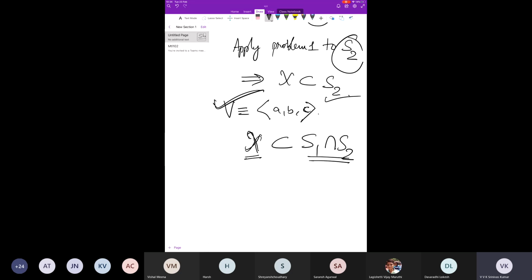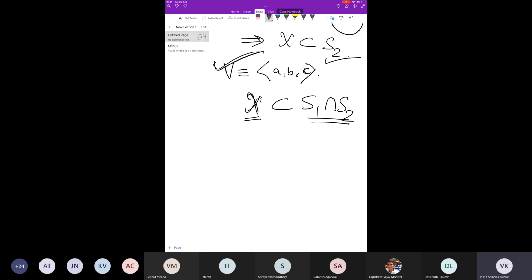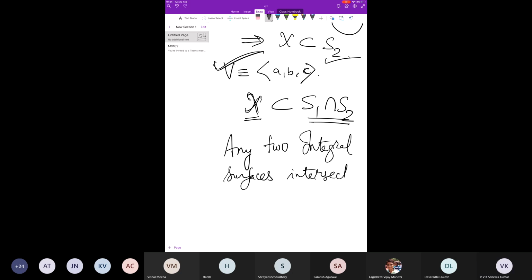So the conclusion is that any two integral surfaces intersect to produce a characteristic curve.